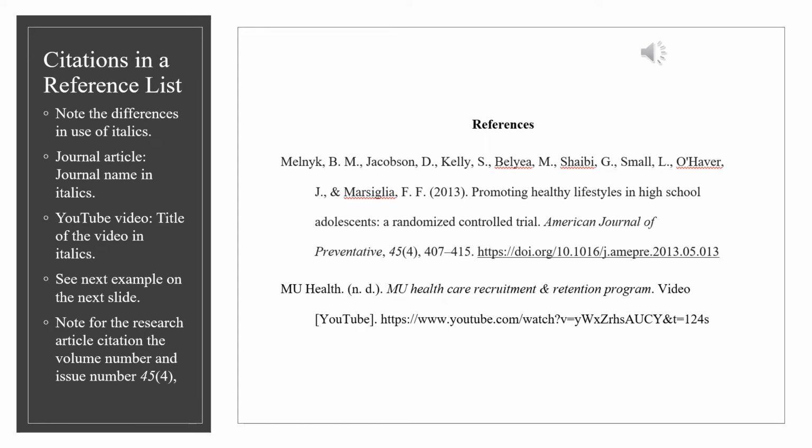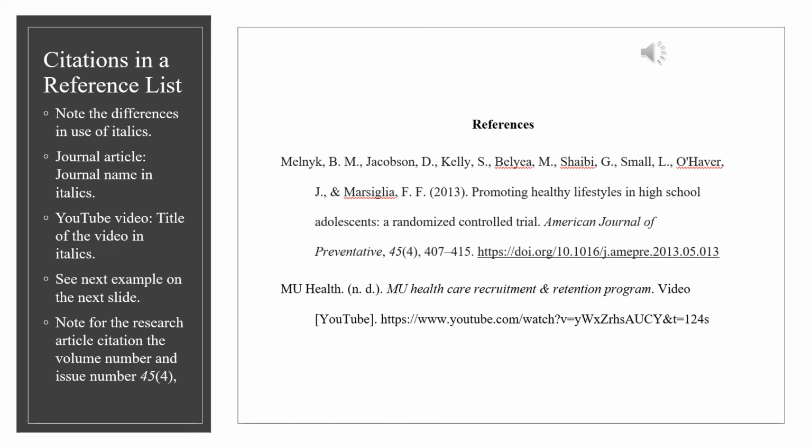Now below that you see an example of a YouTube video, and it was published by MU Health. Following that, we do not have a date, so you put n.d. for no date, just as you see here. Following that, we have the title, and again, lower case after the abbreviation.